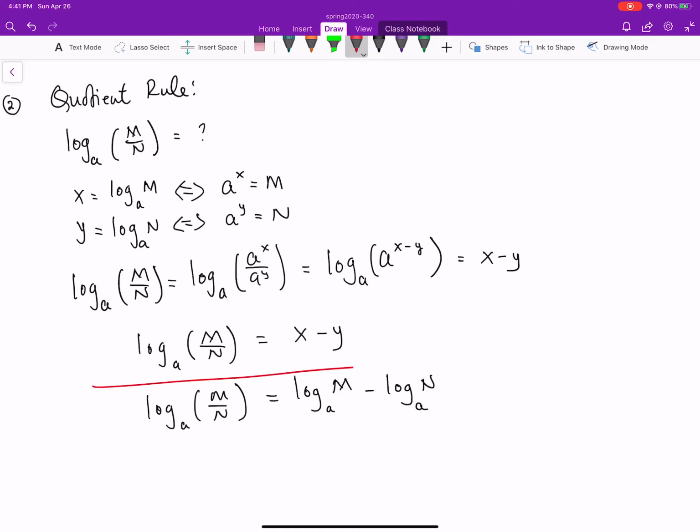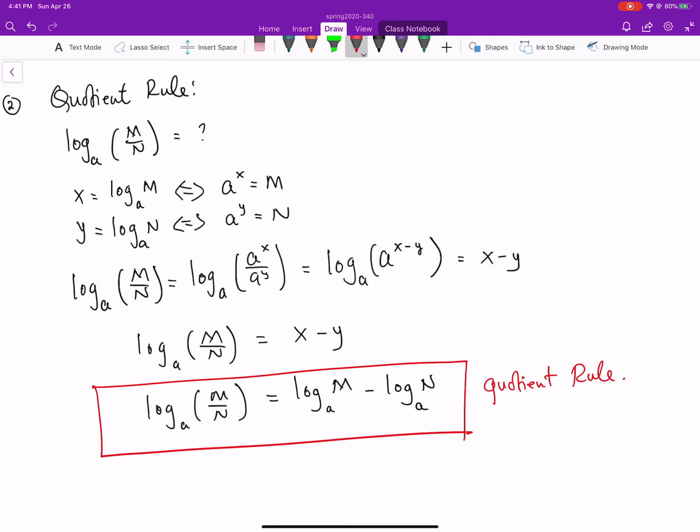So that becomes the quotient rule. So what does the quotient rule state? It says that if you have the log of a quotient m divided by n, then what happens is that you have the difference of the log of the term in the numerator minus the log of the term in the denominator.